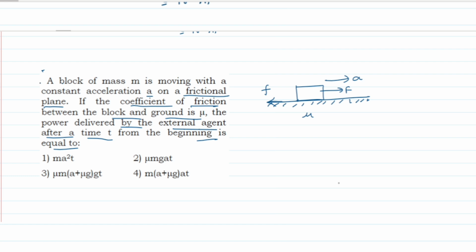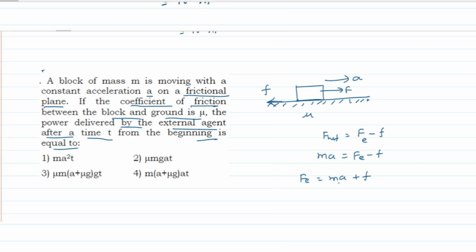You can get the net force as the external force by the external agent minus the frictional force. F net causes an acceleration, so this is the force by the external agent minus F. So the force due to the external agent is nothing but MA plus F.